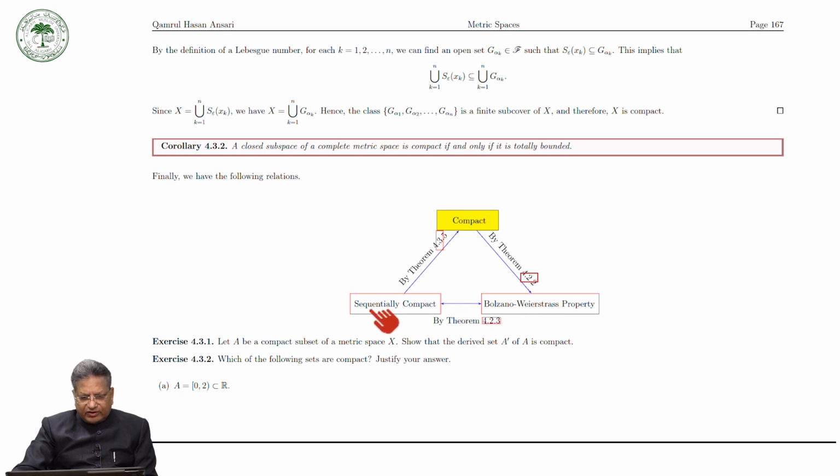Therefore all these three concepts are equivalent. That is to say, in a metric space, compactness, sequential compactness and the Bolzano-Weierstrass property are equivalent.